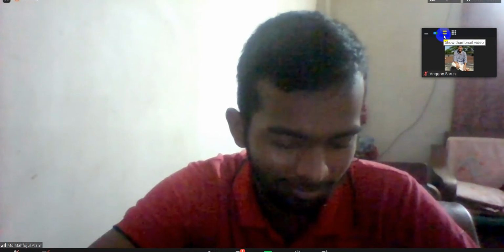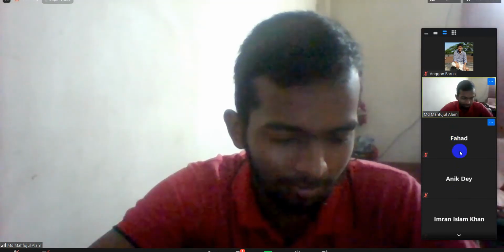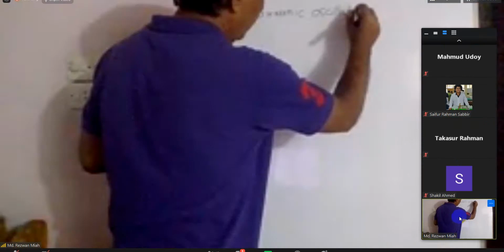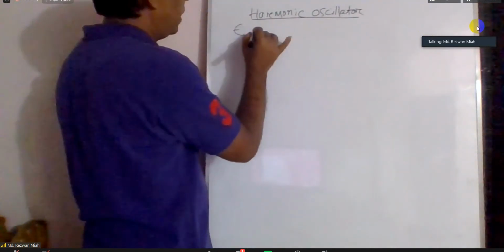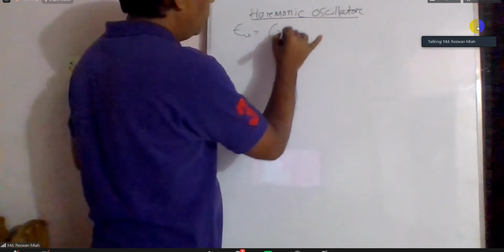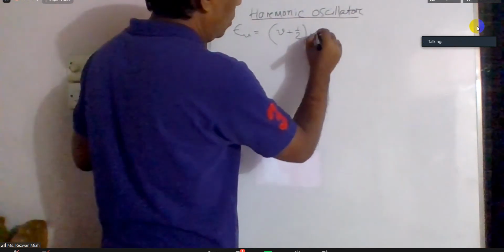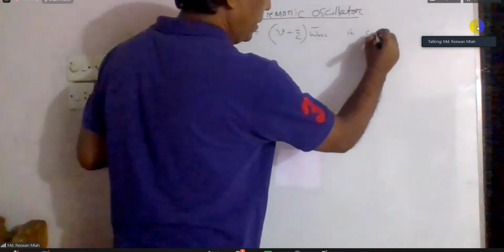harmonic oscillator, the energy expression was E_v = (v + 1/2) ω̄ in per centimeter.